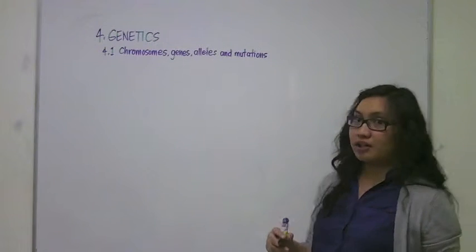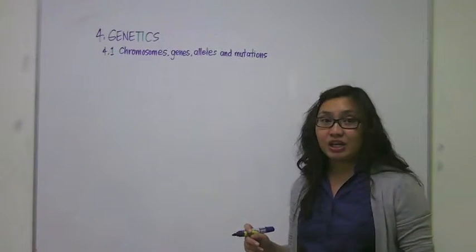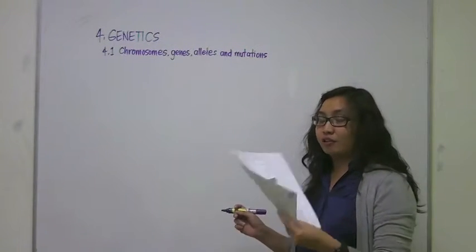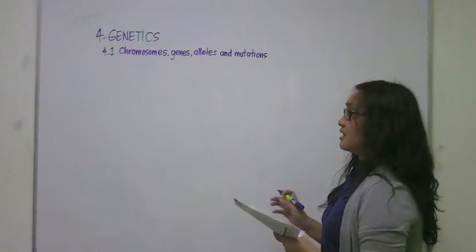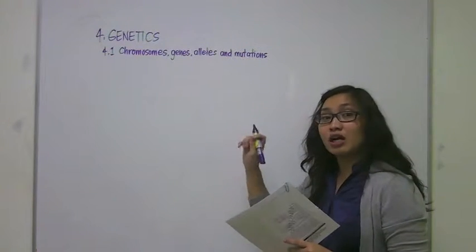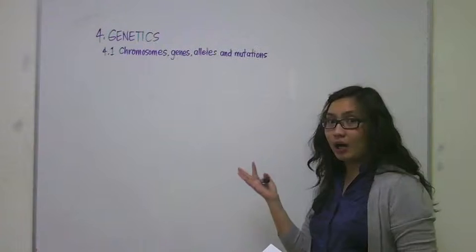So as we all know, genetics is the study of inheritance and variation of characteristics that these chromosomes are actually controlling. So since we are just in the first part, we just need to make an introduction of what chromosomes, genes, alleles, and mutations are.